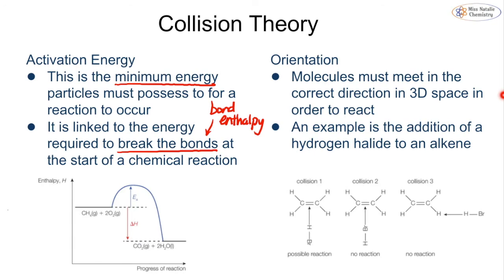And when we have a reaction profile diagram, like we can see here, we show our reactants and we show our products, and then the activation energy is the amount of energy it takes to get up to the top of this curve. And that's the amount of energy it takes for the reaction to get started. So this EA is the activation energy.